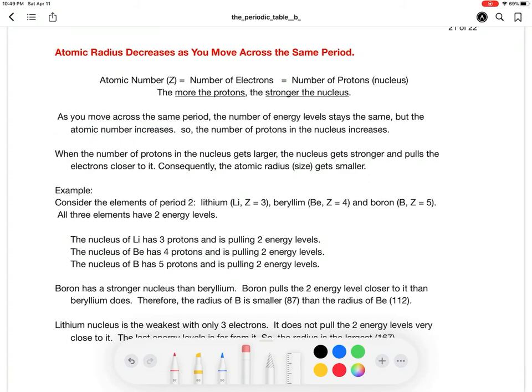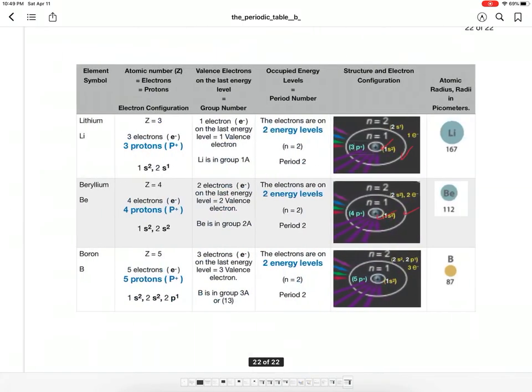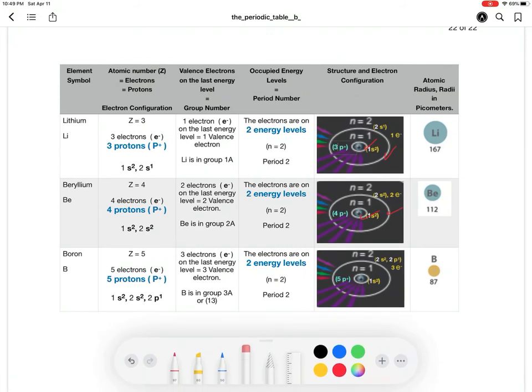Okay, let's see here. For example, I have here lithium, beryllium, boron. They're all in period 2, so they all have 2 energy levels. So each one has 2 energy levels, and you can see them here.